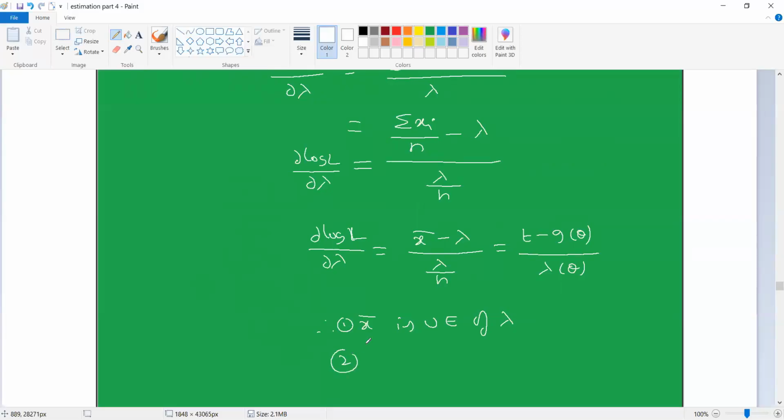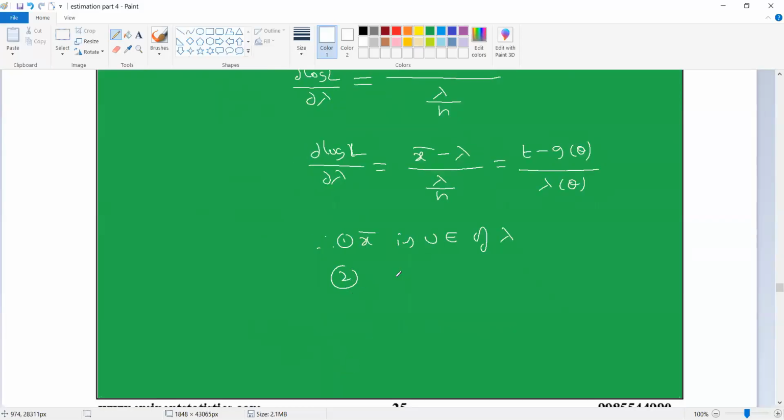Second one, the MVB estimator for lambda is x bar. Third one, the variance of x bar is equal to the modulus of g dash of theta, times lambda of theta.